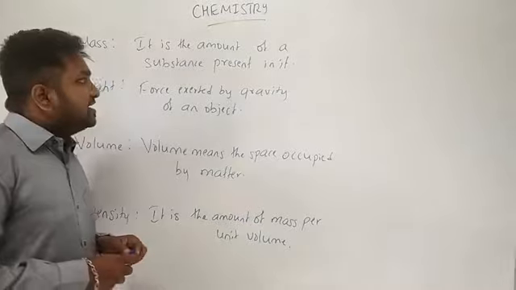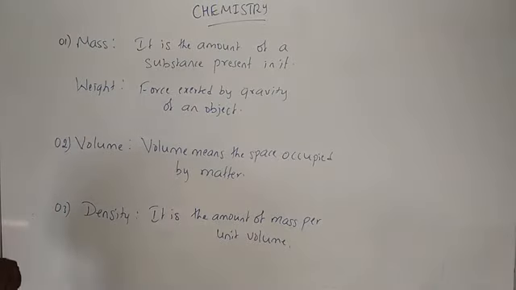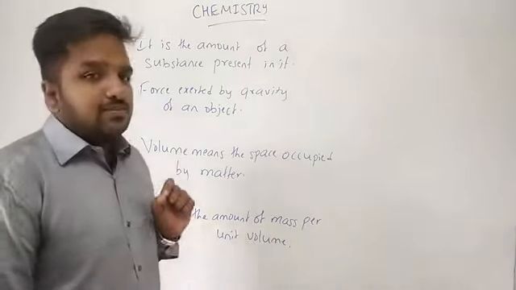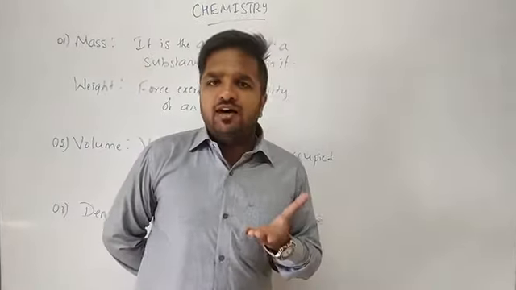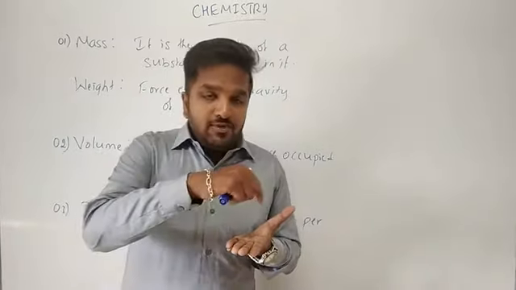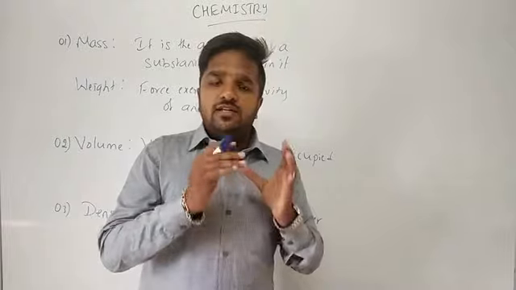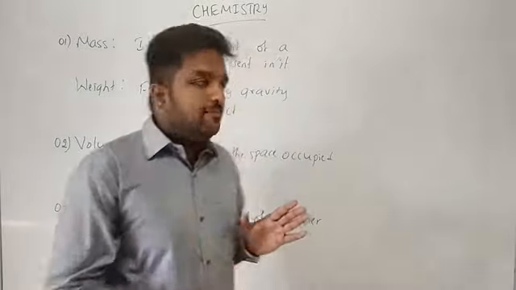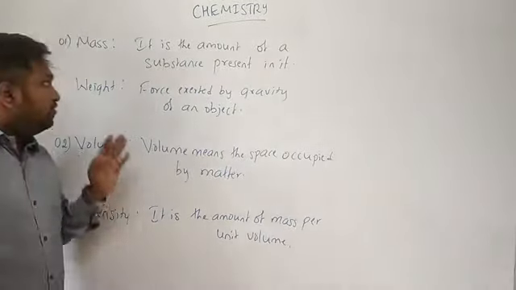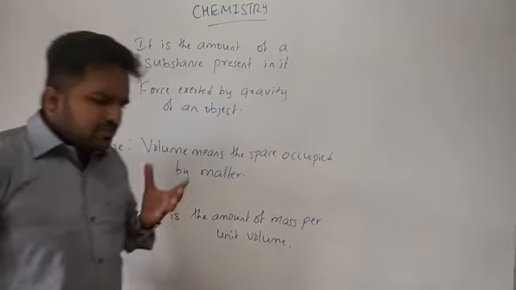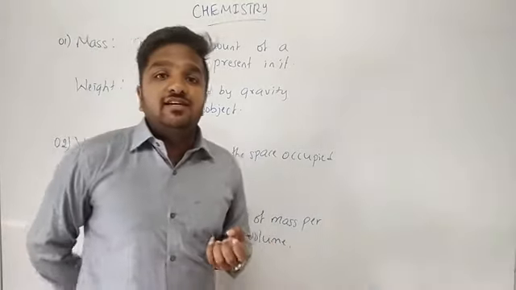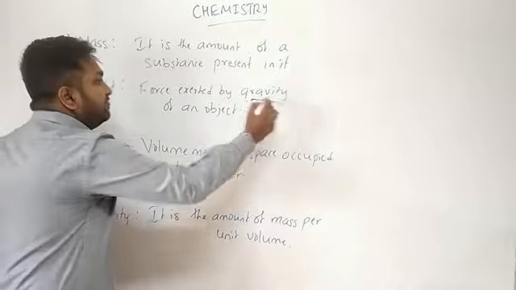So now let us understand mass. It is the amount of a substance present in it. Clear? So the mass of an object means how much of a substance is present in a particular matter. Whereas weight is the force exerted by the gravity on an object.